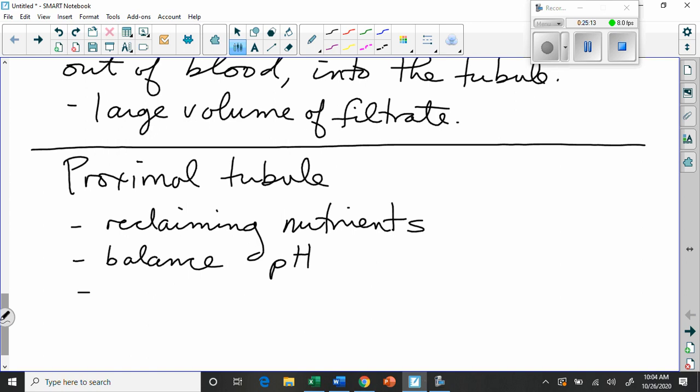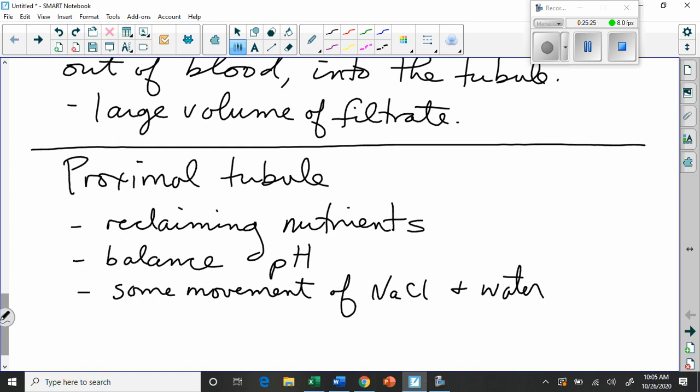Now lastly, there is some movement of salts in water. But there's really no major net effect of this, because you're pulling salts out, water's coming out, following the salts, which means that the concentrations aren't actually changing much. So there's some movement of salt in water, but little net effect, is what I'm going to say.